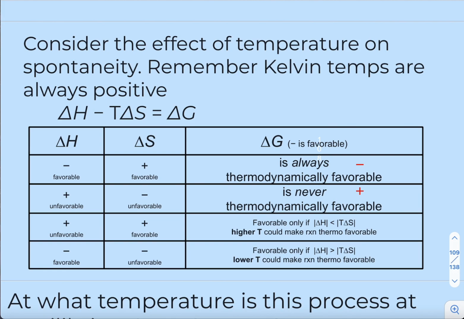If both are unfavorable, then there's no way to make it favorable. And then here, if we have unfavorable delta H but favorable delta S, we want a higher temperature. And if we have favorable delta H, unfavorable delta S, we want a lower temperature. Okay, so this is really just summarizing those conceptual things we just went through.